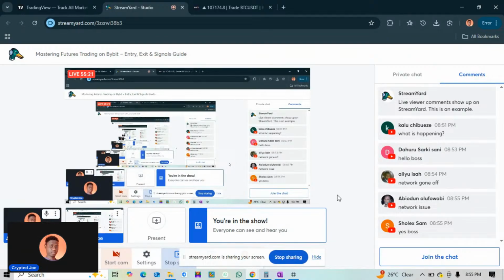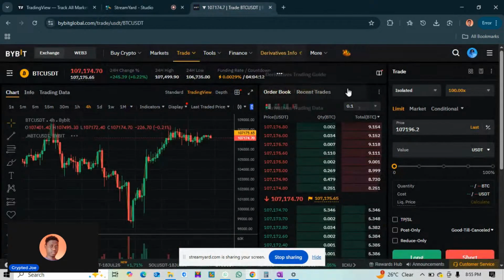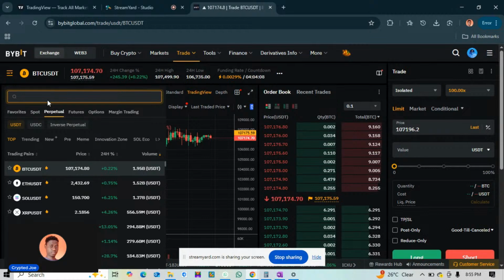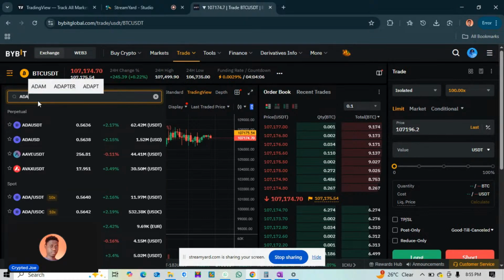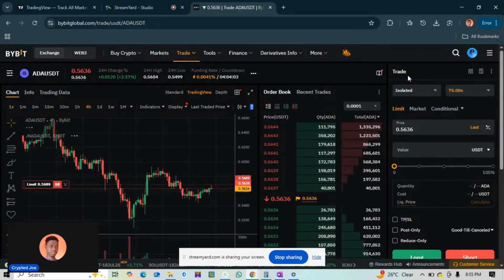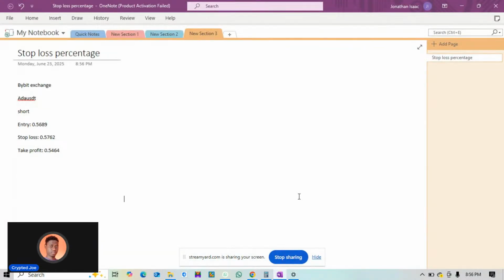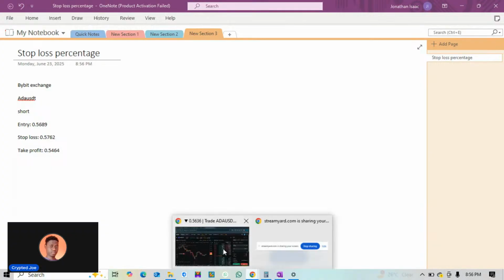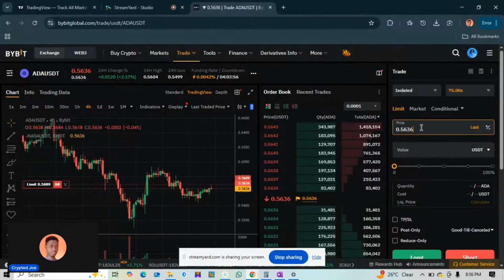So I was explaining something in that confirmation window. You just have to start all over again. ADA USDT. So my entry is 0.5689.